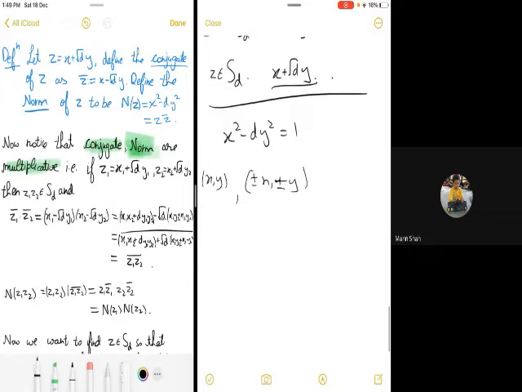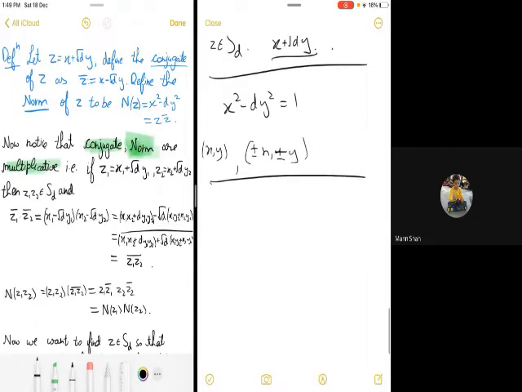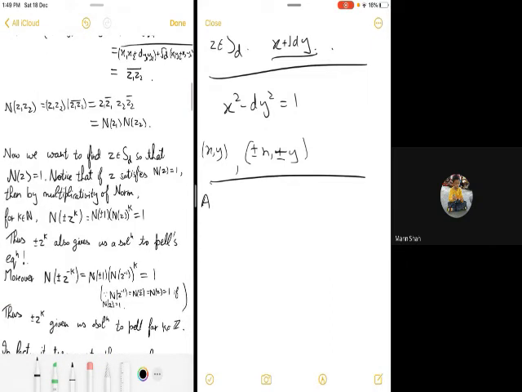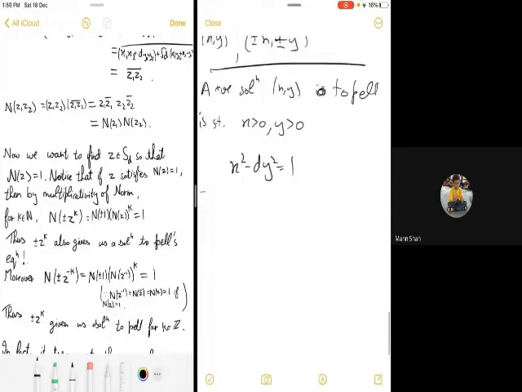So let's restrict ourselves to positive solutions, which I define as follows. A positive solution to Pell's equation is an ordered pair of integers such that x is greater than 0 and y is greater than 0, both naturals, and they satisfy Pell's equation.